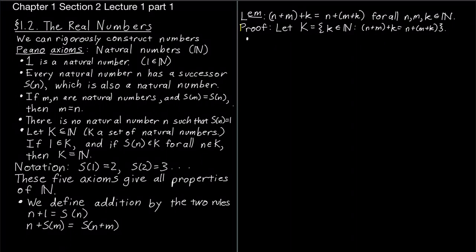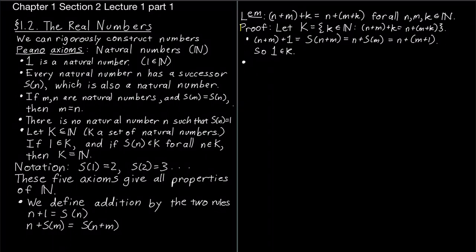First let's show that 1 is in K. n plus m plus 1, by definition, is the successor of n plus m. That's from our first axiom in the definition of addition. And then in our second axiom, we can turn that into n plus the successor of m, and that's n plus m plus 1. So we've seen that 1 is in K.